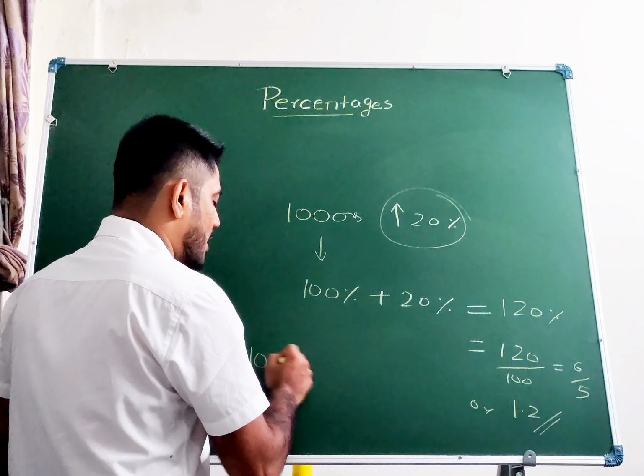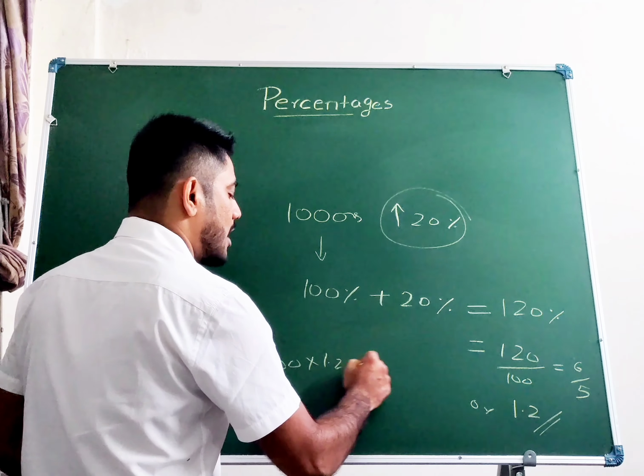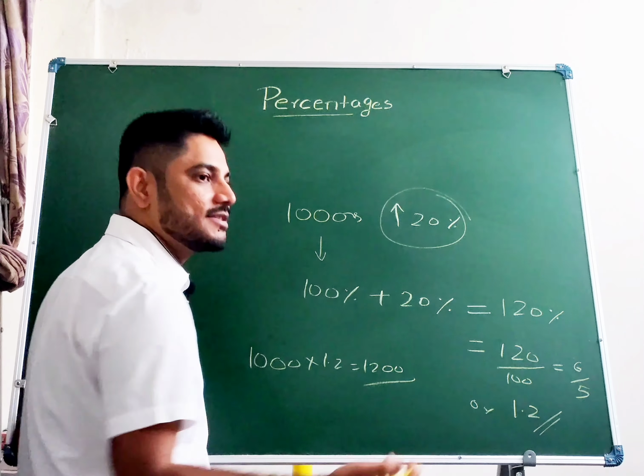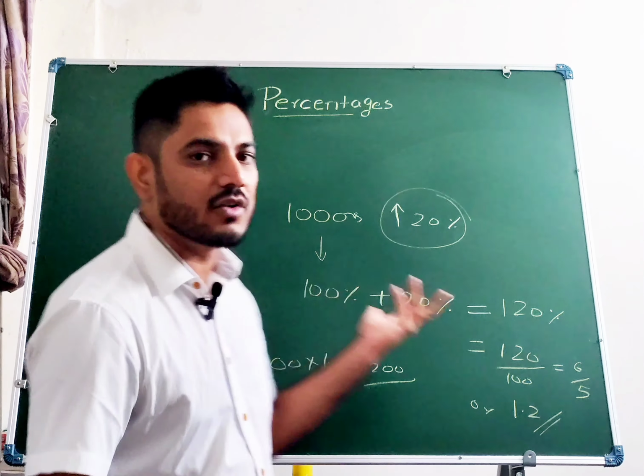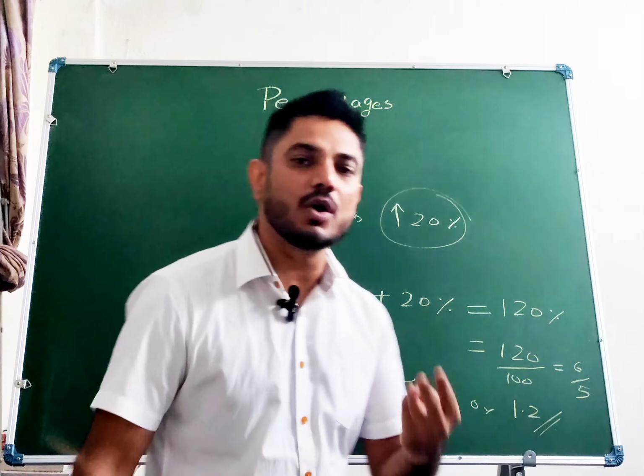So if I multiply 1000 with 1.2, I'm getting 1200, and that is the answer, right? Because 20% of 1000 is 200, add it, you get 1200. Even if you multiply it with 6 by 5, the answer will be same. So this is the multiplying factor. It is very important.